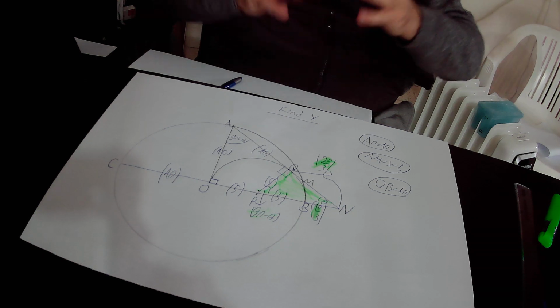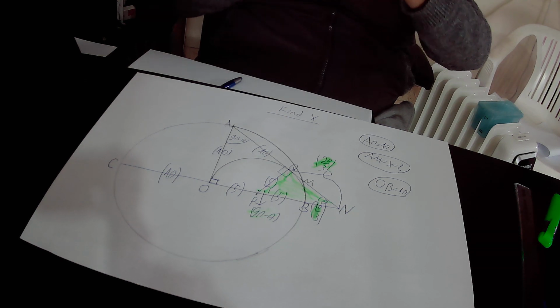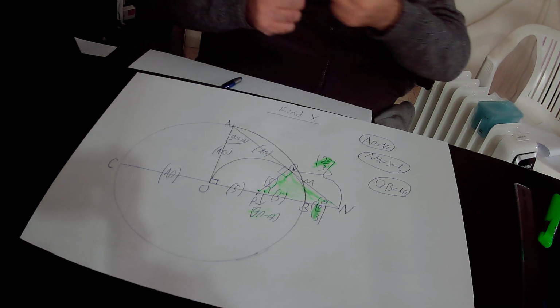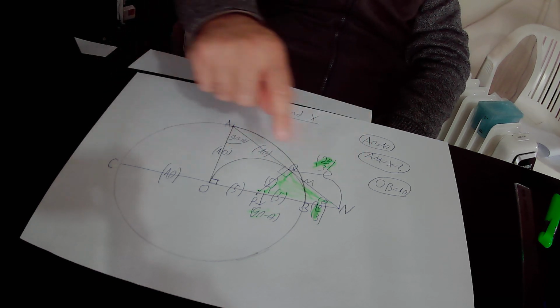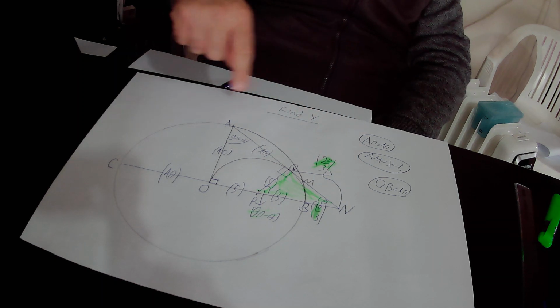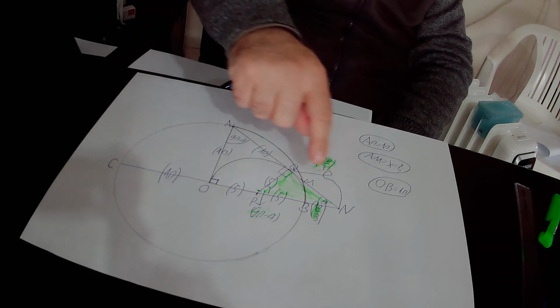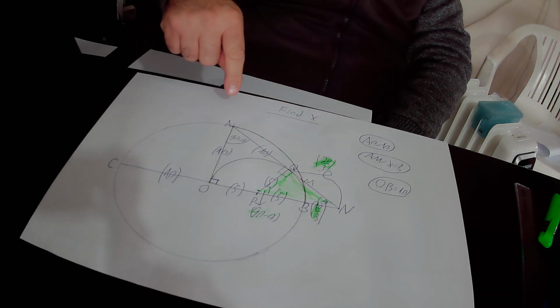So all the requirements of rule number 14 are met, therefore we can implement it here. According to rule number 14, NB times NC equals NM times NA.